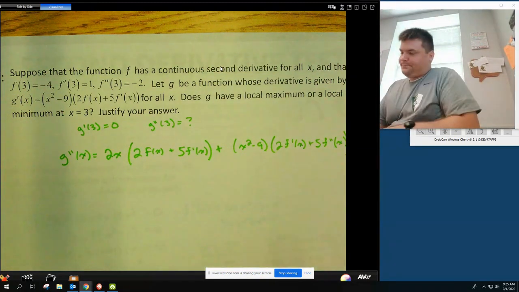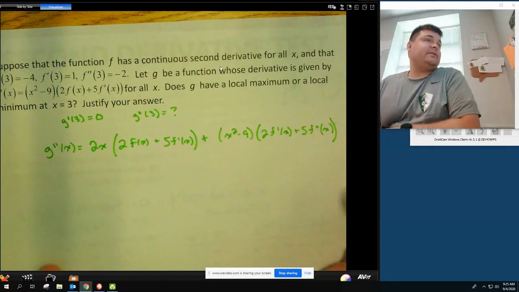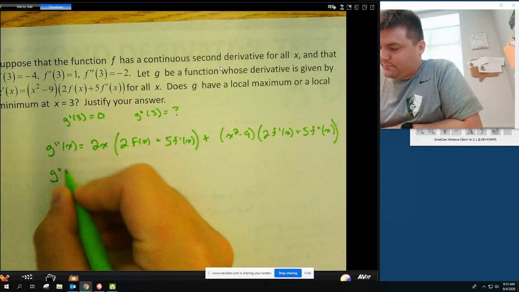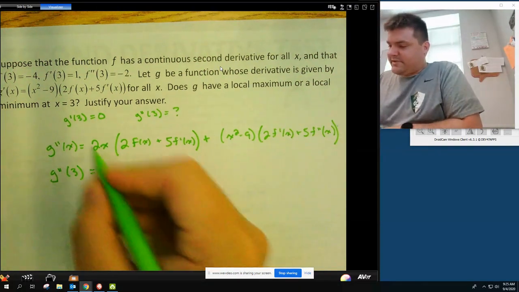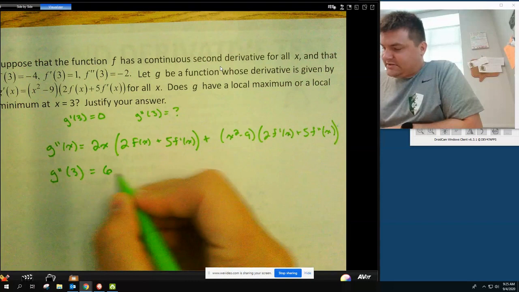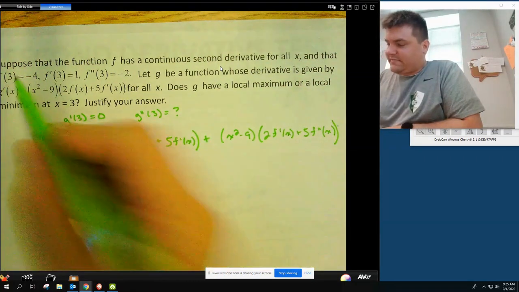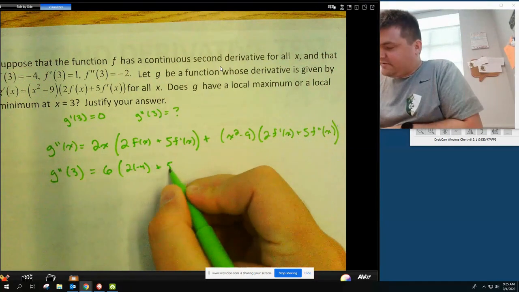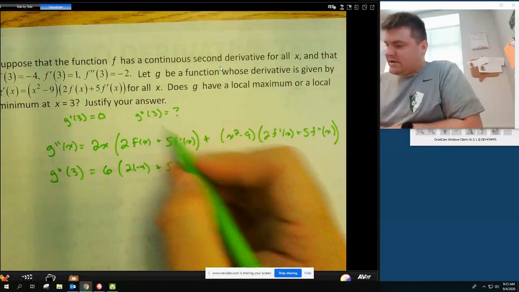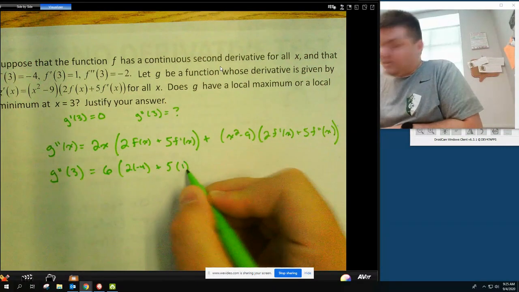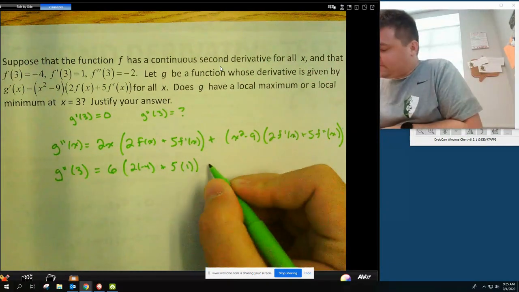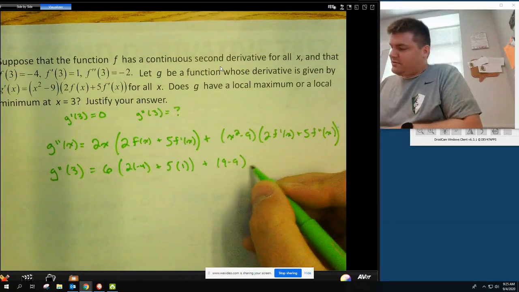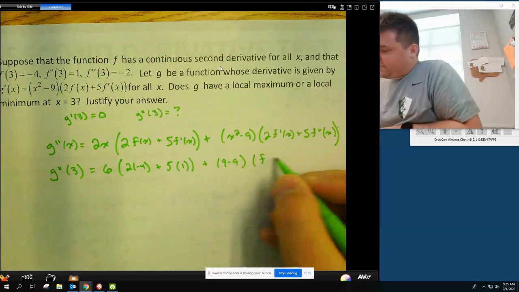Everything is all good. I'm ready to plug in our 3. When I do that, I'm going to get 2 times 3, which is 6, times, well, f of 3 is -4, so 2 times -4 plus 5 times f prime of 3, which is 1. I'm just using all of my givens for this, plus 9 minus 9, which is going to give me a 0, which means I really don't care about all these numbers.